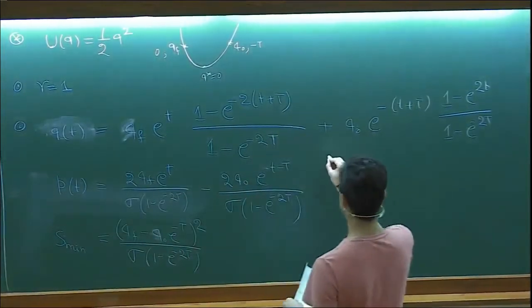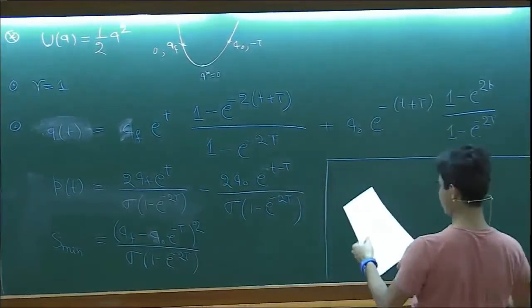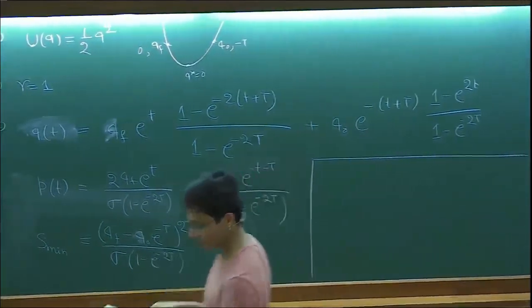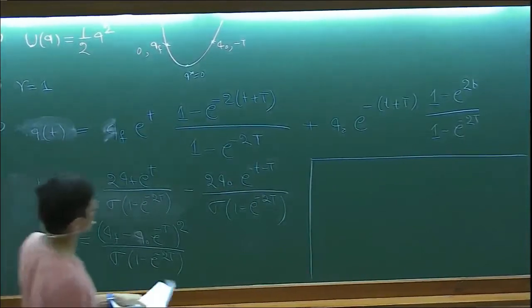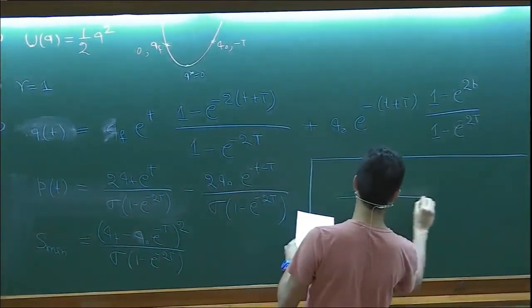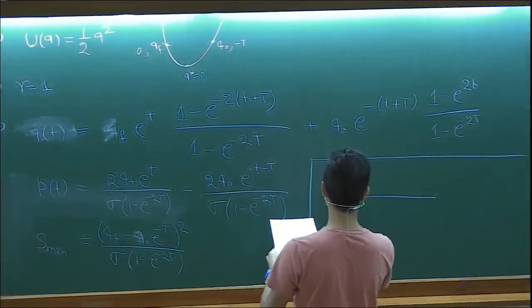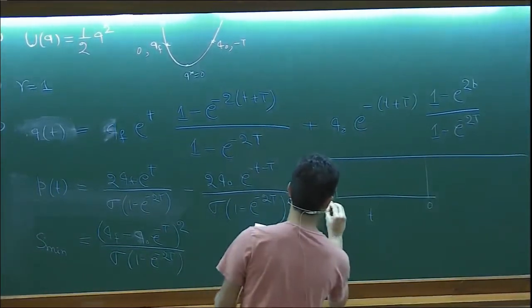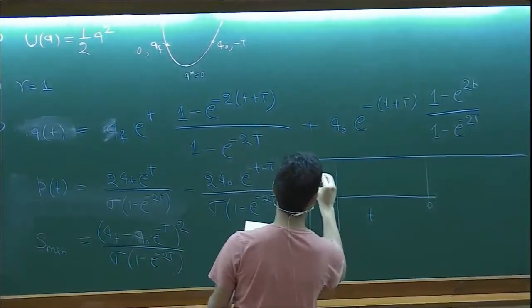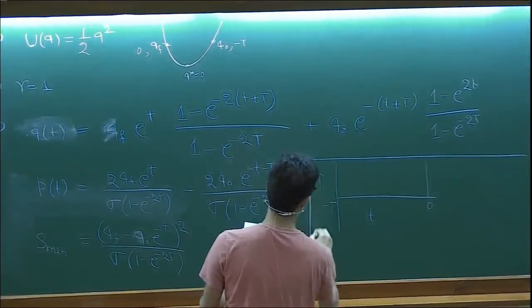But what we really want to see is how these profiles look. So I started, the time axis, I want to be at 0, start at minus t. And this is the Q and P axis.